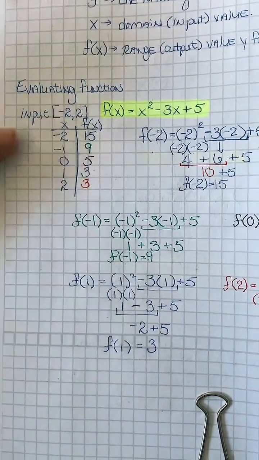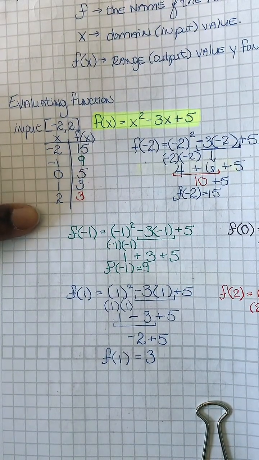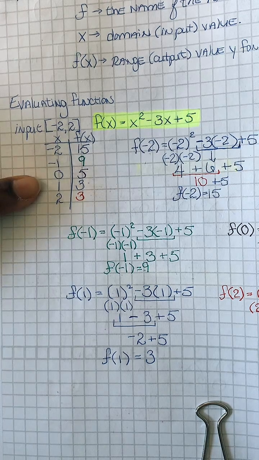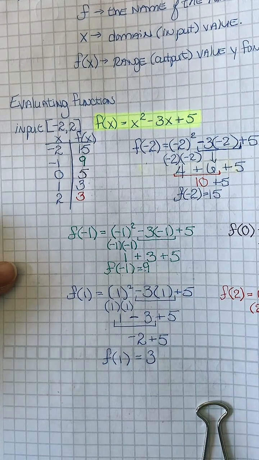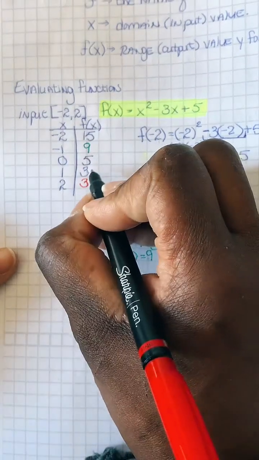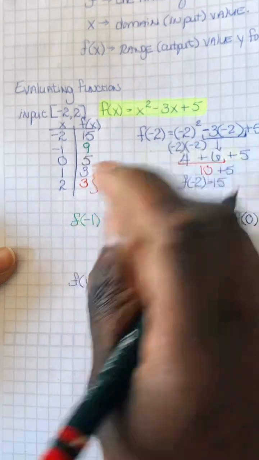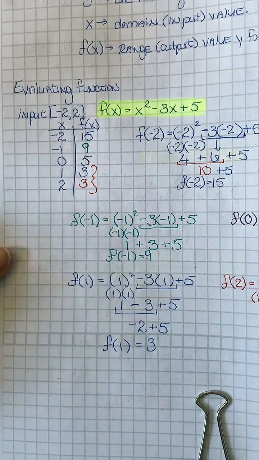All right, so since my x's did not repeat, that means we do have a function, okay? And we found our domain in this function. And we notice that right here at the bottom, these last two gave us the same range, and that's perfectly fine.